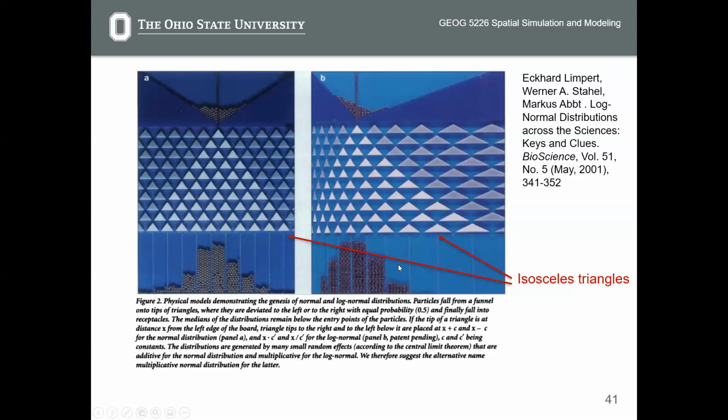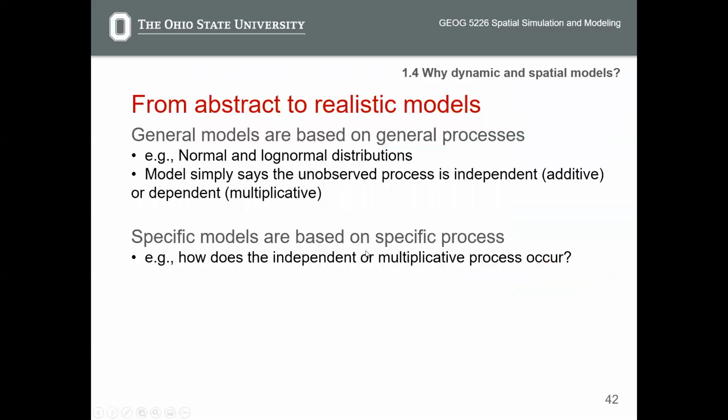That's the reason why it's called the log normal distribution, and it is used to address a multiplicative process instead of an additive process. Okay, so this is a physical model to address pattern. What pattern? Normal distribution, log normal distribution.